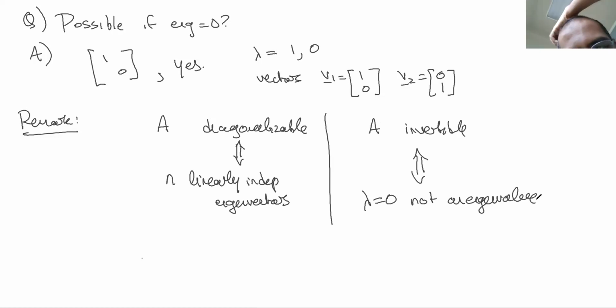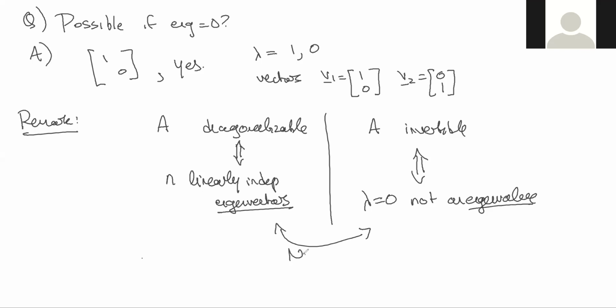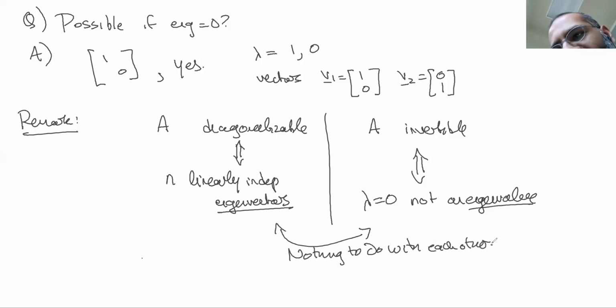What do these two have to do with each other? They have nothing to do with each other. This is a statement about eigenvectors. This is a statement about eigenvalues. Which means you can have one but not the other in every combination and so on. Okay?